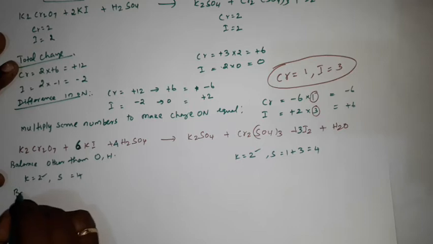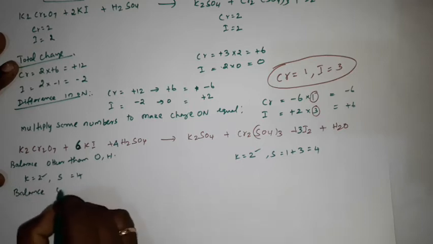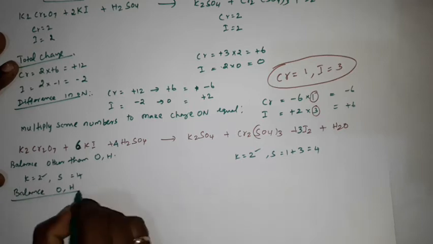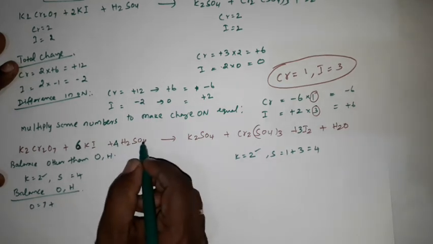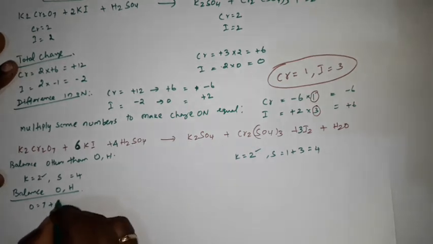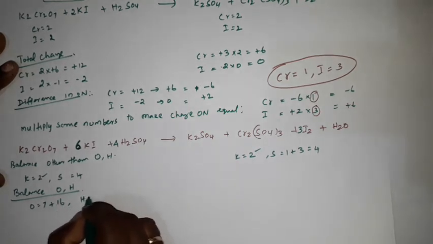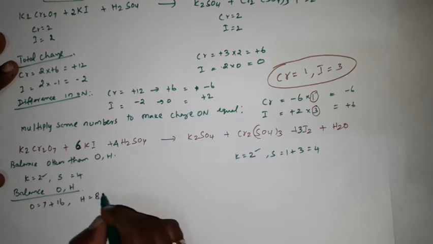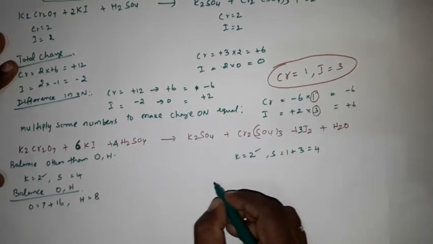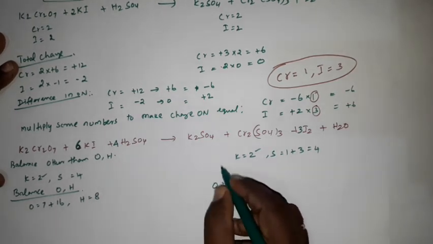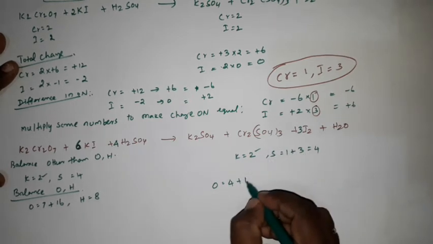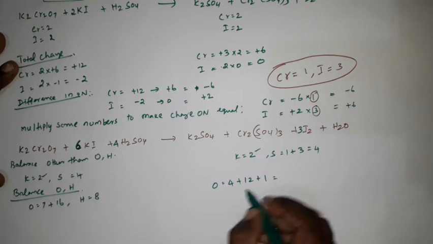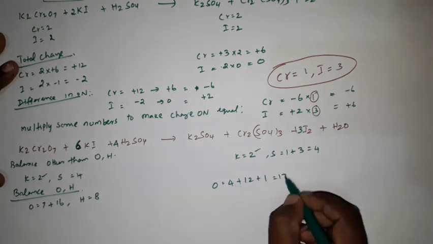Now balance oxygen and hydrogen. So oxygen 7 here, 7 plus 4 into 4, 16. Then hydrogen, that is 8 hydrogen is here. Now this side you check, oxygen 4 plus 12 plus 1, that is 17.